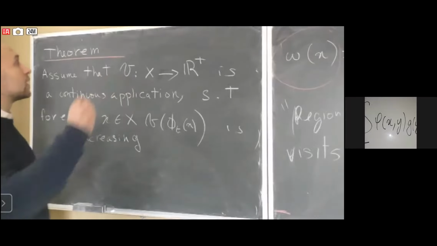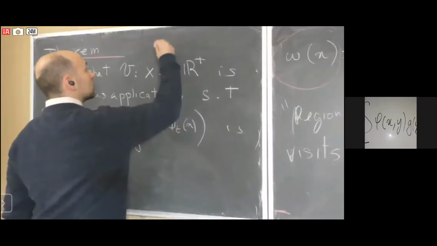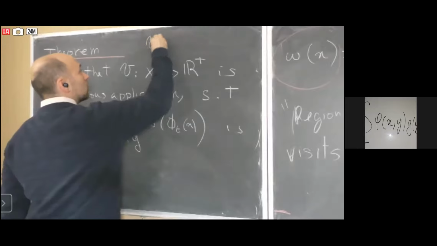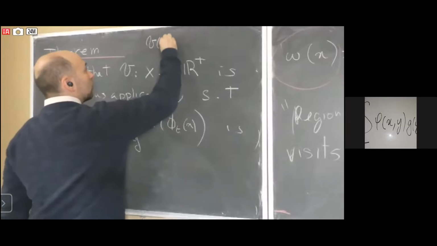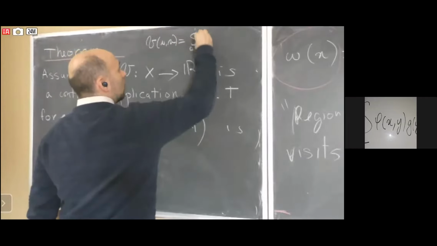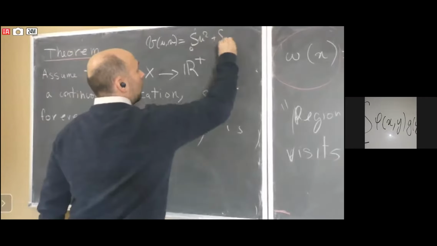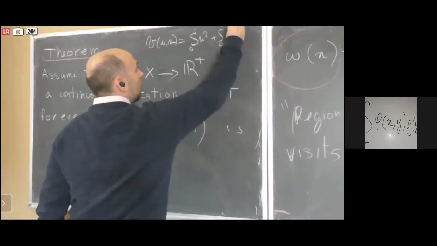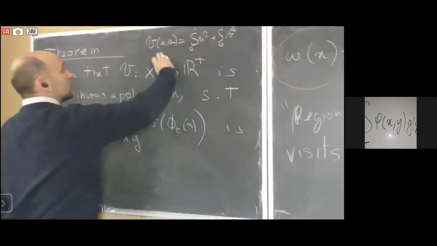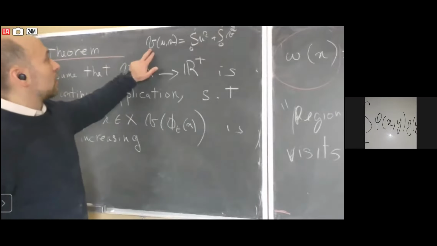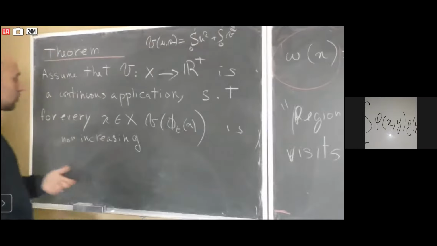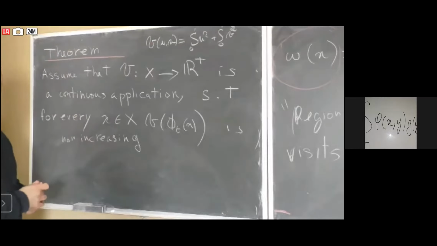For example, in the example that we discussed at the beginning, for the equation, you can take V of (u, v) equal to this quantity, since you computed that it's negative, and then you fall in this case.